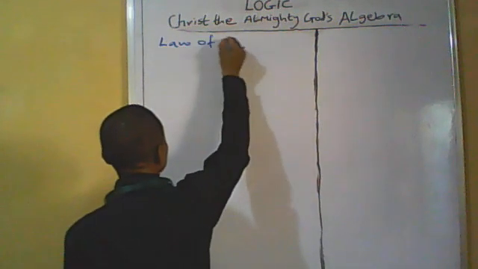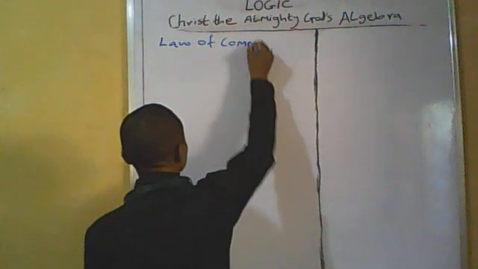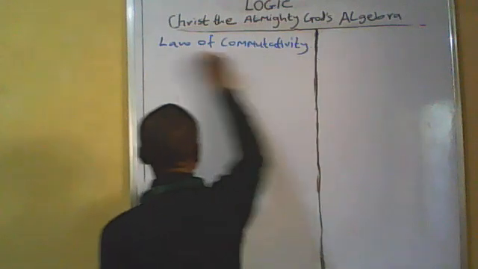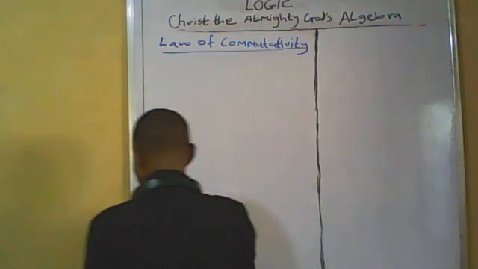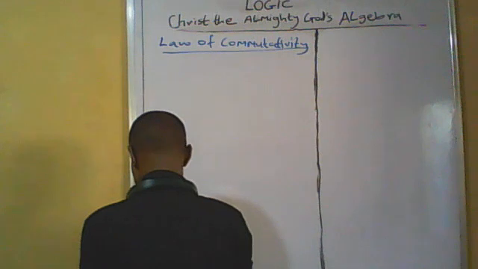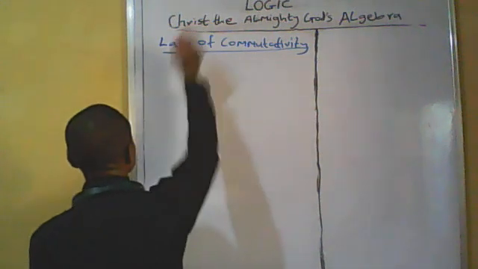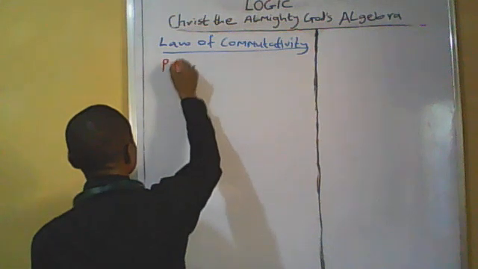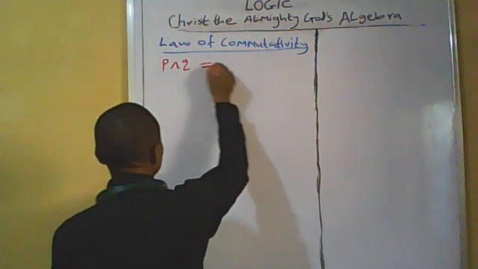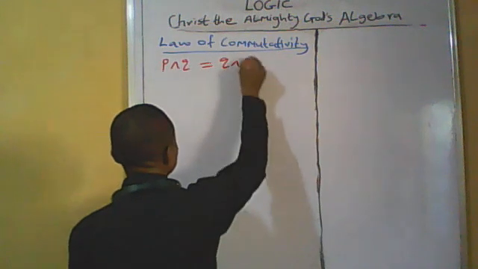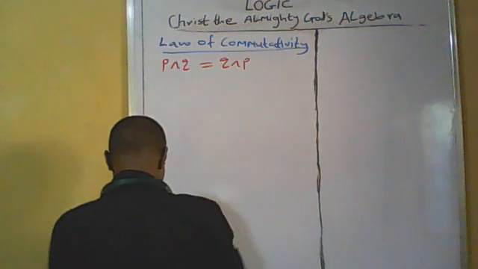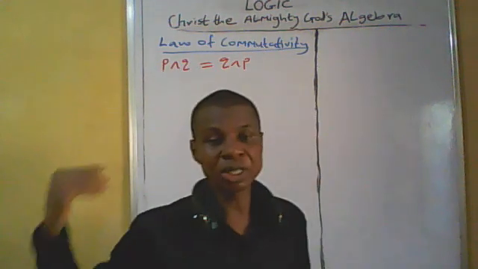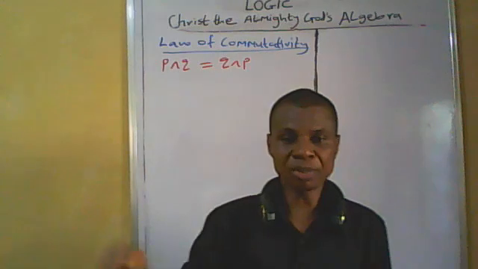Law of commutativity: P and Q is equal to Q and P. This is a typical example of law of commutativity by conjunctive statement.